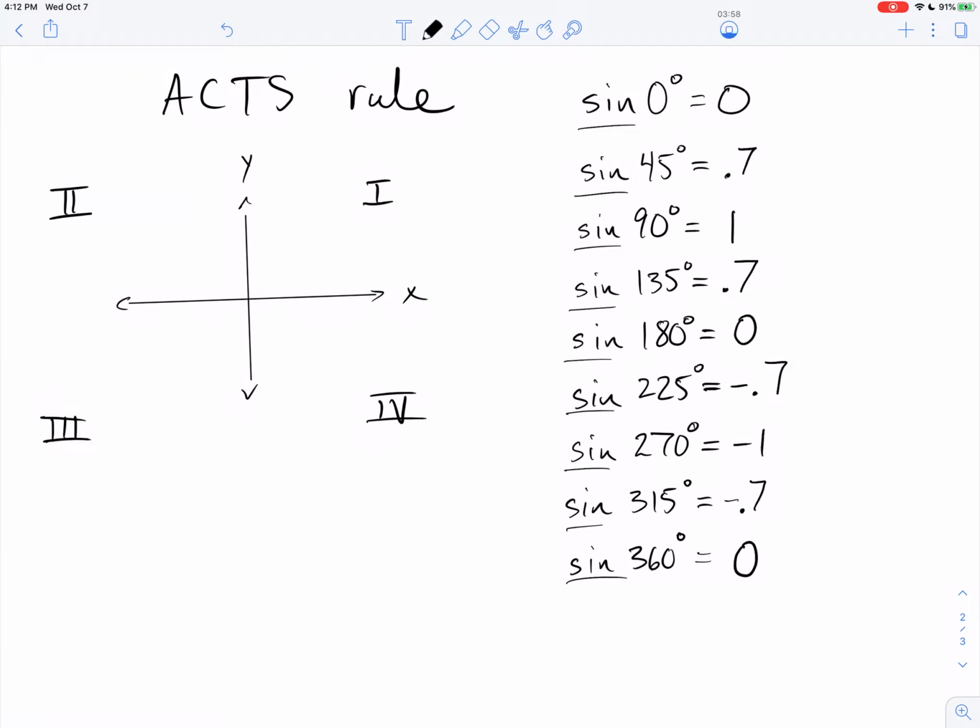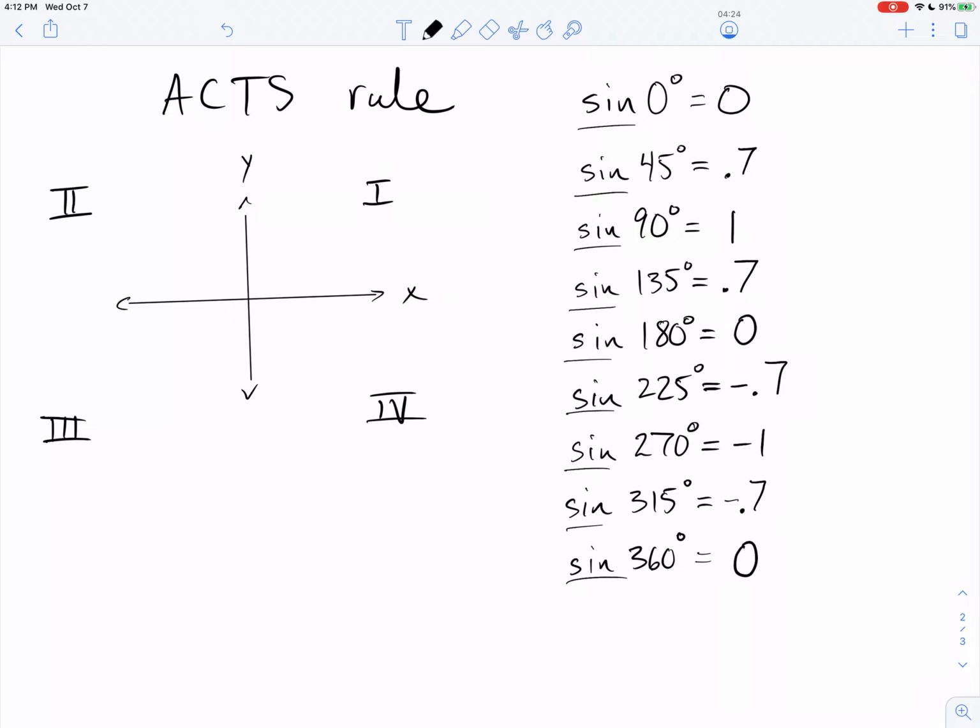Well, sine is positive in quadrant 1. Now, I'm not going to go through cosine. I'm not going to go through tangent. I'm just going to say, hey, look at the pattern for sine, and then we'll discover it because we have to revisit the ASTC rule. We have to come back to it again. But I just want to get the basics out.